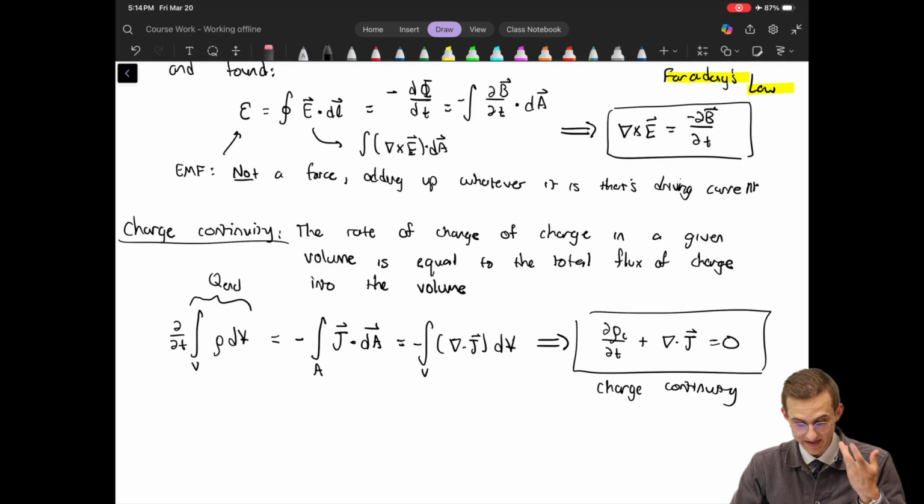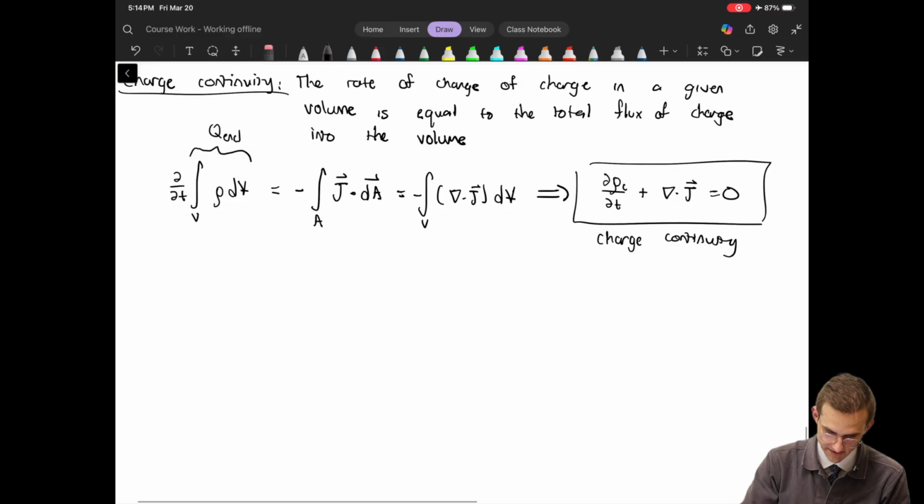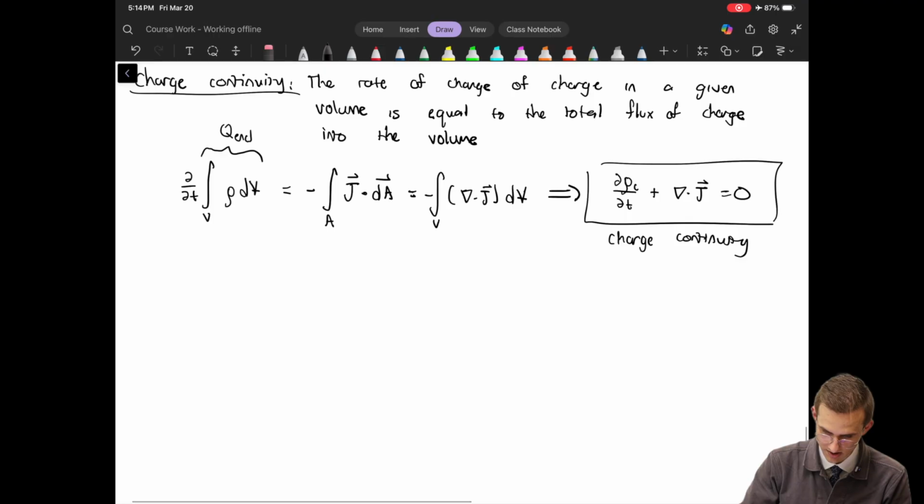Now, we needed this argument to define this thing called the displacement current. And this is the last bit. This is where we're going to finish up Ampere's law and also just more broadly Maxwell's equations without any mass effects going on. Okay, so the displacement current.